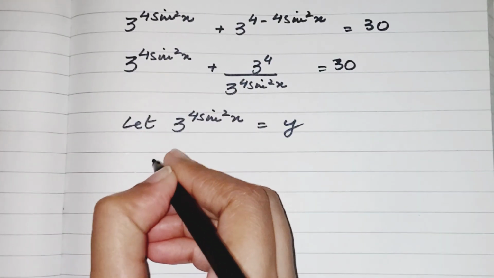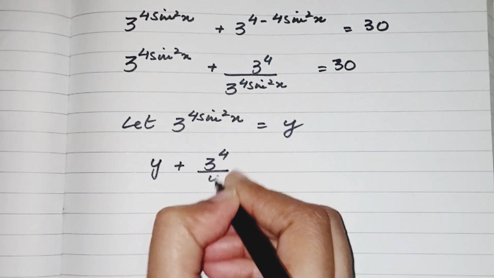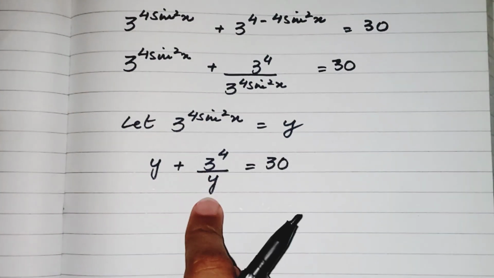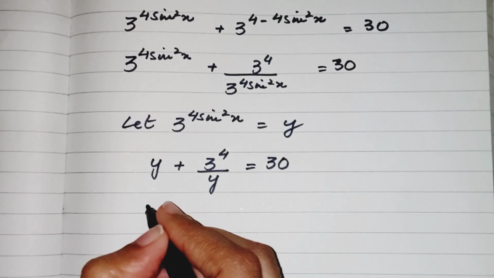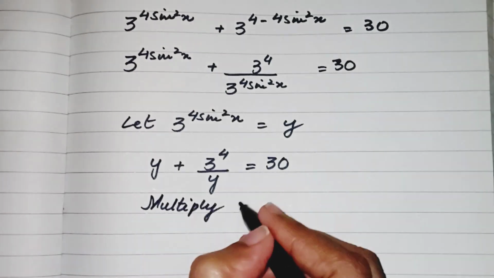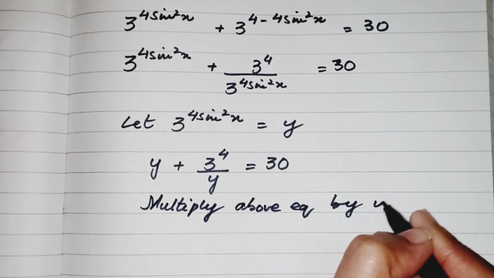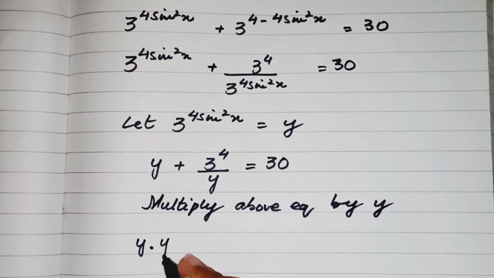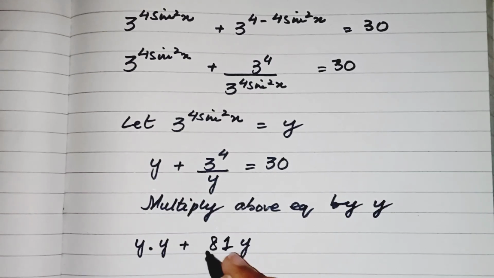So I can write y plus 3 power 4 upon y equals 30. Now in the denominator we have y, and we have to remove this y, so I multiply the above equation by y. By doing that the y in the denominator will be removed.